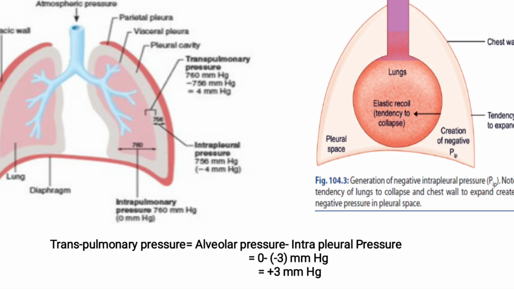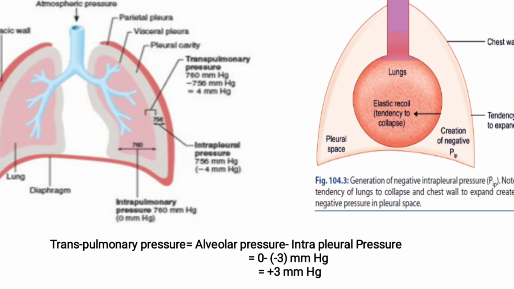Inside we have the alveolar pressure, which is 0 when there is no airflow, equal to the atmospheric pressure, minus the intrapleural pressure, that is minus 3 millimeter of mercury. So the transpulmonary pressure is a positive pressure, plus 3 millimeter of mercury. Intra-alveolar pressure is 0, intrapleural pressure is subatmospheric, minus 3. So 0 minus minus 3 is plus 3 millimeter of mercury.